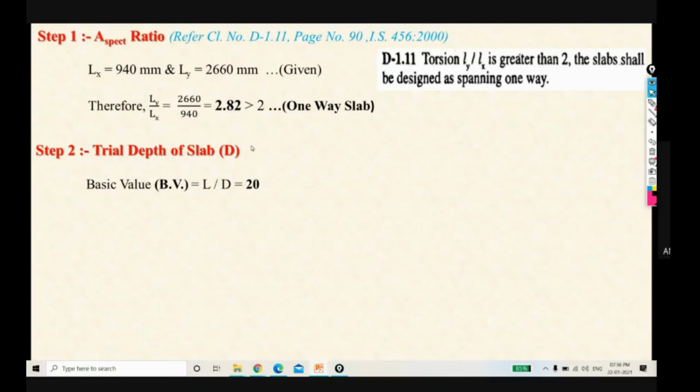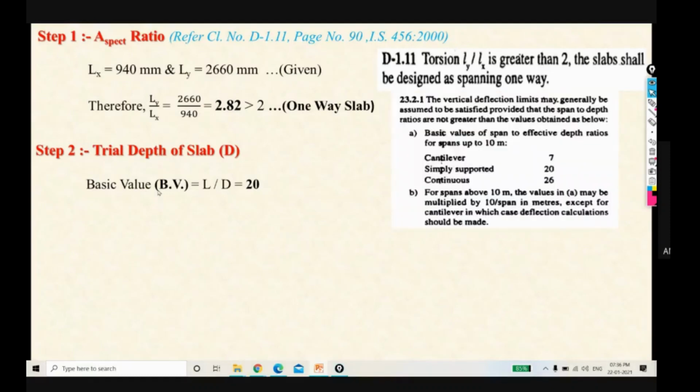Now as per the basic value, the L by D ratio should be 20 for a simply supported beam. It is a one way slab, and the one way slab we generally consider as a simply supported slab.